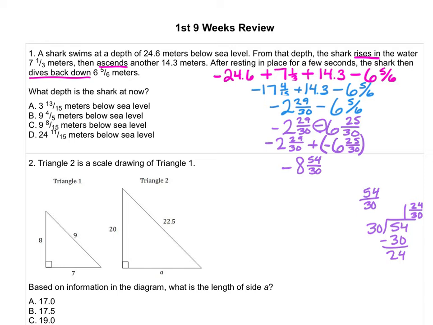So 54/30 is 1 and 24/30, so that's really negative 9 and 24/30. And of course that will reduce. They both divide by 6, so we get negative 9 and 4/5. Answer choice B. It's 9 and 4/5 meters below sea level, and it's a negative.